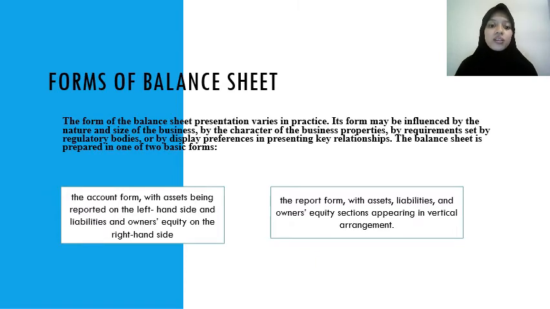The balance sheet is prepared in one of two basic forms. There is the account form, with assets on the left-hand side and liabilities and owner's equity on the right-hand side. And then the report form, with assets, liabilities, and owner's equity sections appearing in vertical arrangement.